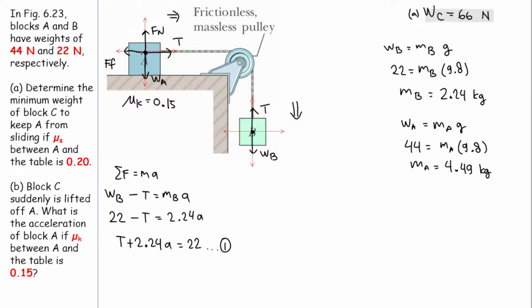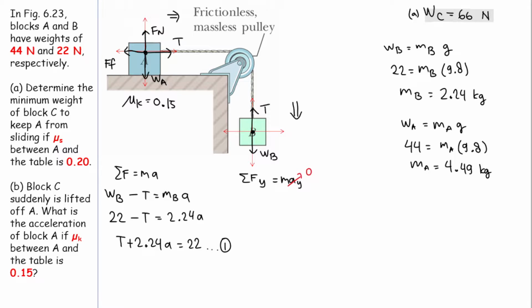Now let's analyze this block. We can have sigma F again, but this time in the y direction, because we need to find the normal force first. That will equal the mass times acceleration in the y direction. However, the movement only follows the x-axis, so there is no movement in the y direction.